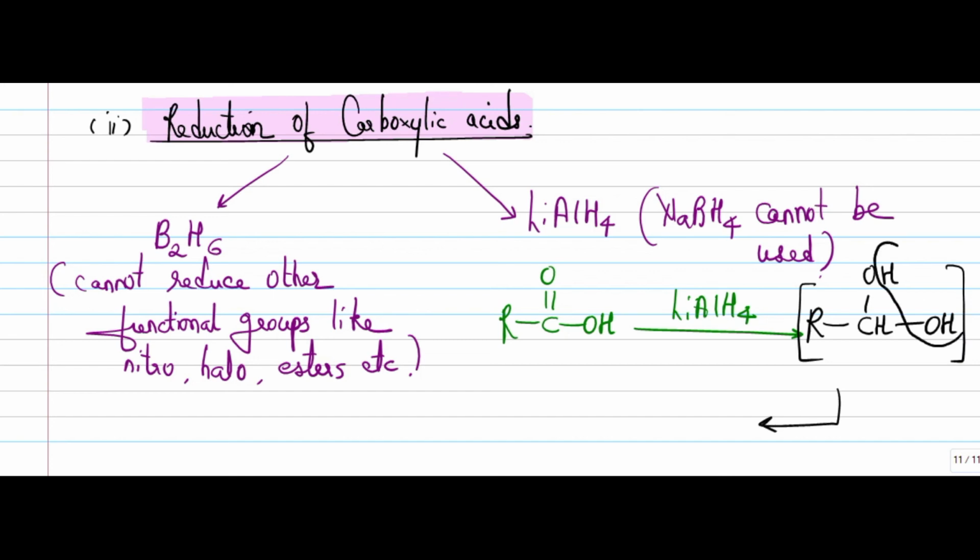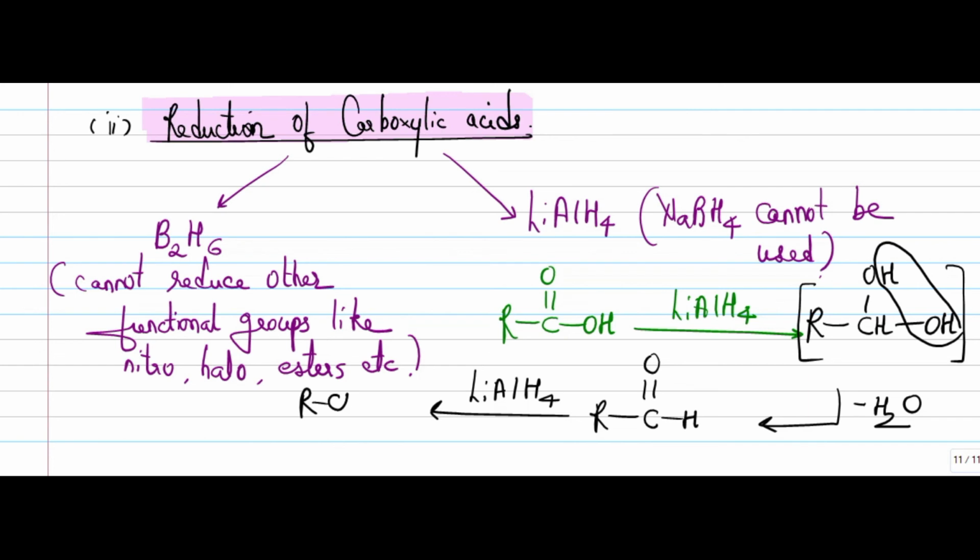This would lose water because there are two OH groups on the same carbon, so minus H2O, and it gives you R, CH, double bond O. Furthermore, one more lithium aluminium hydride reduction and you get R, CH2, OH.